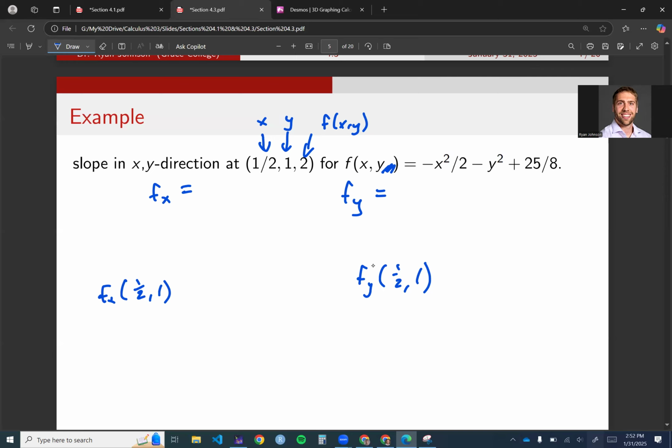We're thinking about the graph of the function. The function is 2 inputs and 1 output, so I think you can graph the function in space.